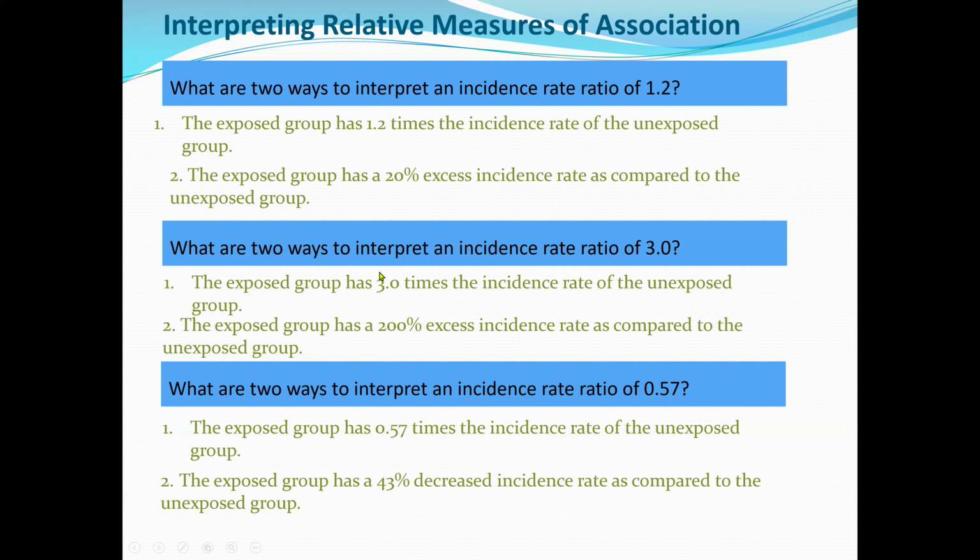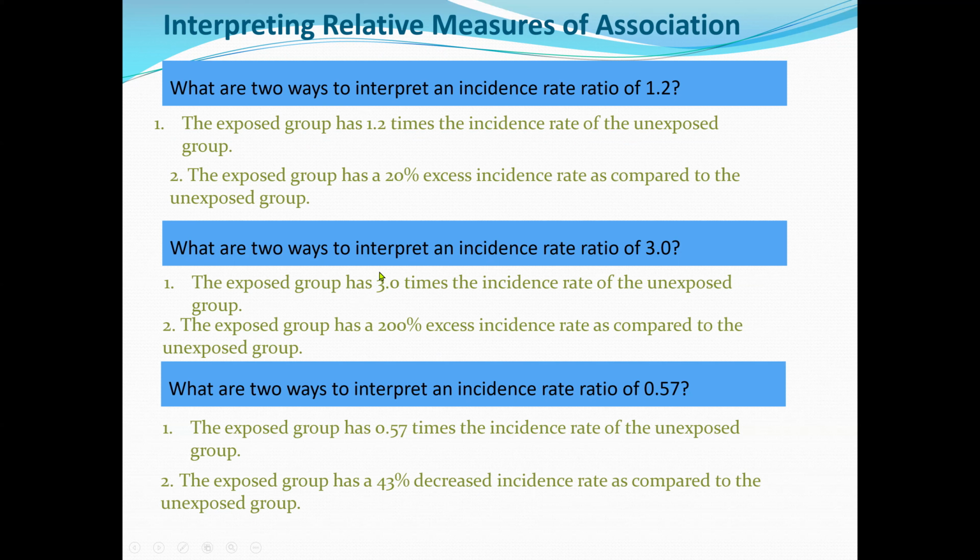Here we say the RD and RR provide different information and different perspectives. With the RD, we are doing an absolute measure. With the RR, relative risk, we are doing a relative measure.